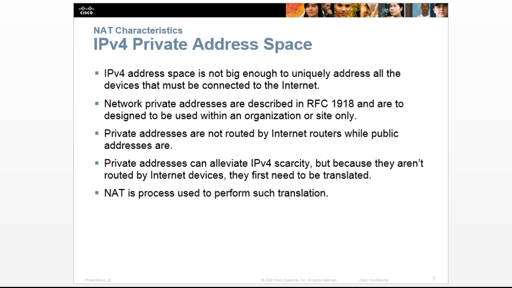Okay, so the reason that NAT exists is because if you think about IP4, it's not big enough for everything that is now connected to the internet. Most of us have more than one IP address in use at home at any one time, and some of us even have 10 or 11 because maybe you've got a laptop and some people that live with you have laptops, and then you've got a phone and they've got a phone, and you've got an iPad or another tablet.